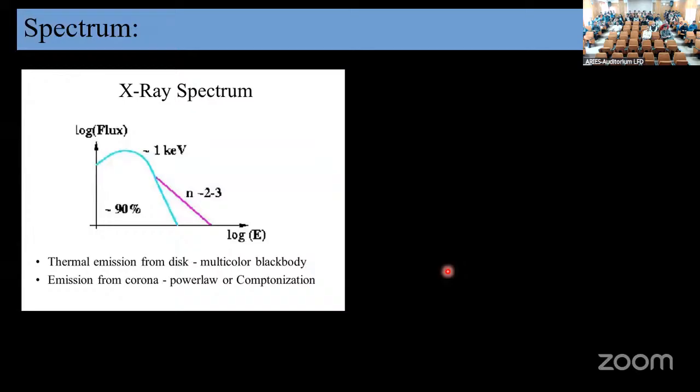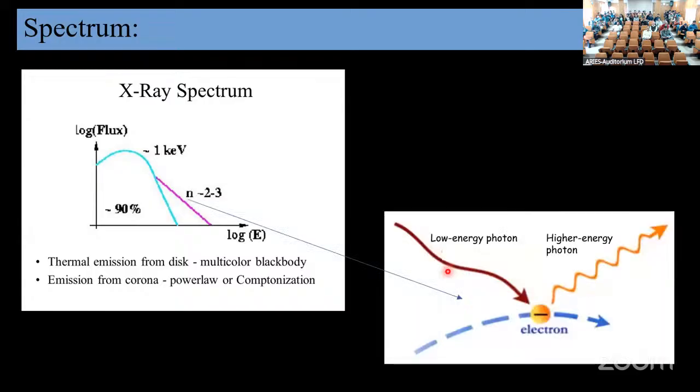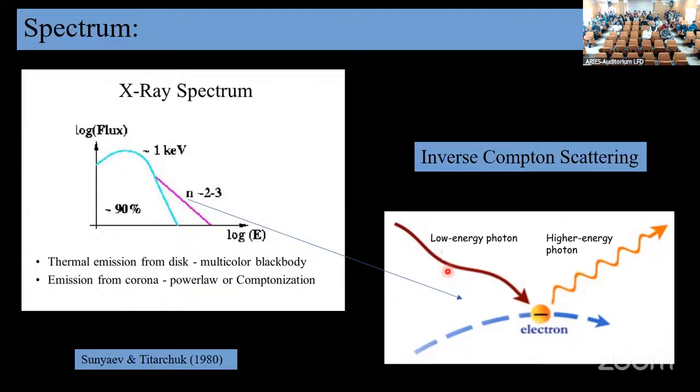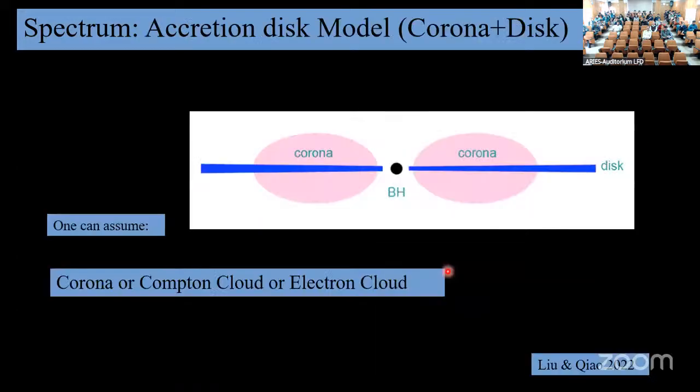Now, if you look into the X-ray spectra of any outbursting galactic black hole, you will find that there are two parts. One is a disk black body part, the other is a power law. And that power law is supposed to be generated via inverse Compton scattering. Now, this inverse Compton scattering requires high energy electrons.